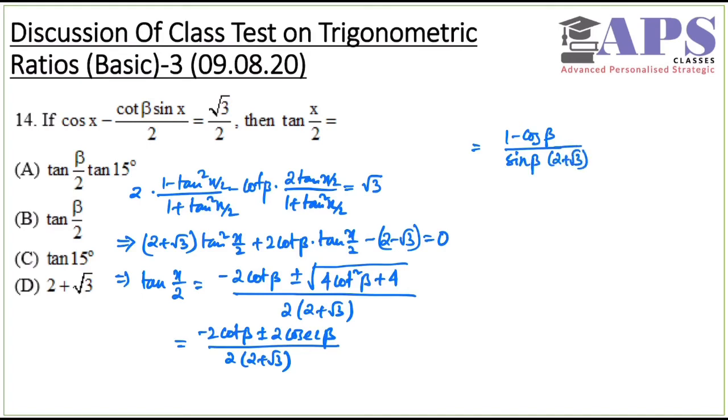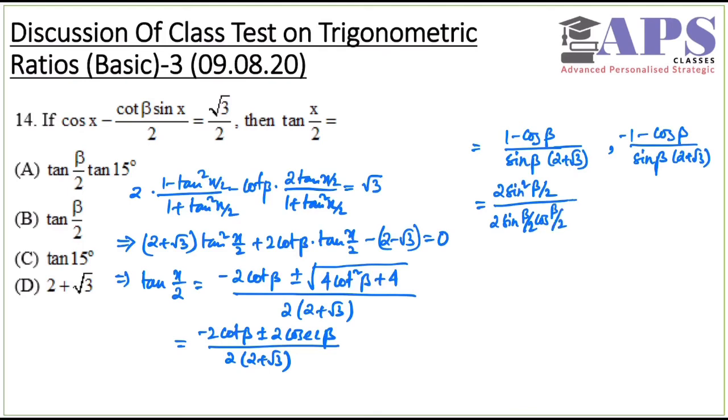If I consider plus sign and if I consider minus sign, we will have minus 1 minus cos beta by sine beta into 2 plus root 3. Let us simplify this first one. 1 minus cos beta is 2 sine square beta by 2. Sine beta is 2 sine beta by 2 cos beta by 2.